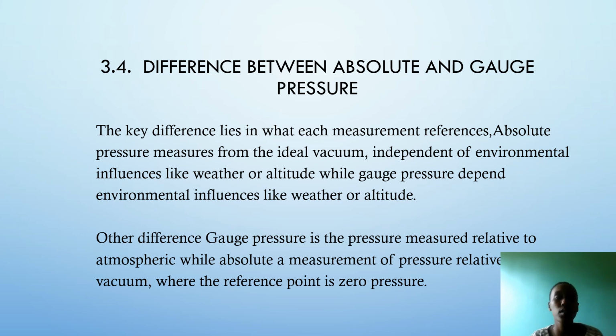Absolute pressure measures from the ideal vacuum, independent of environmental influences like weather or altitude, while gauge pressure depends on environmental influences like weather or altitude.